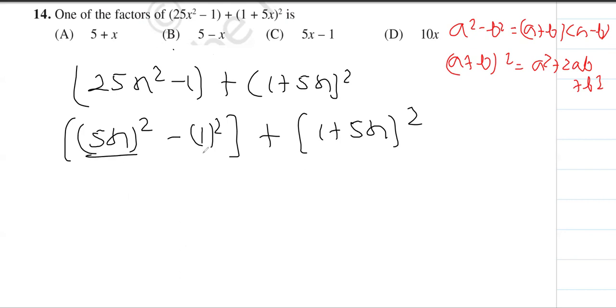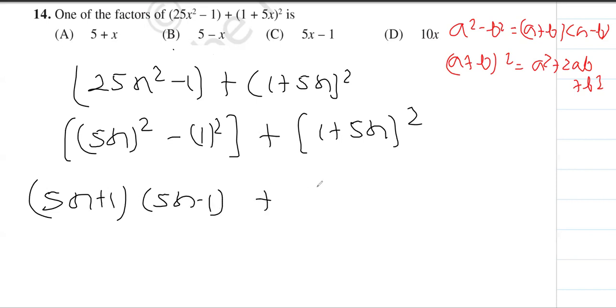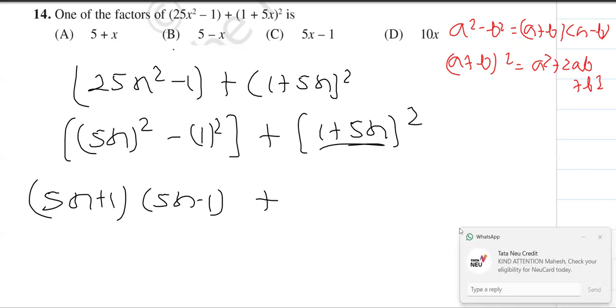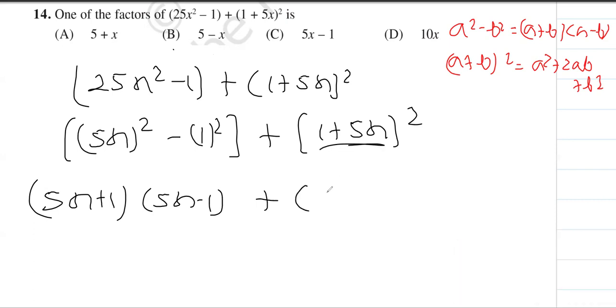So I can write this one, applying the identity a square minus b square as (a plus b) into (a minus b). So it's going to be 5x plus 1 and then 5x minus 1. 1 plus 5x is the same as 5x plus 1, so I may write this as 5x plus 1. You may be wondering why I'm doing so, because I'll be taking 5x plus 1 as common, and that's why I interchanged the order.